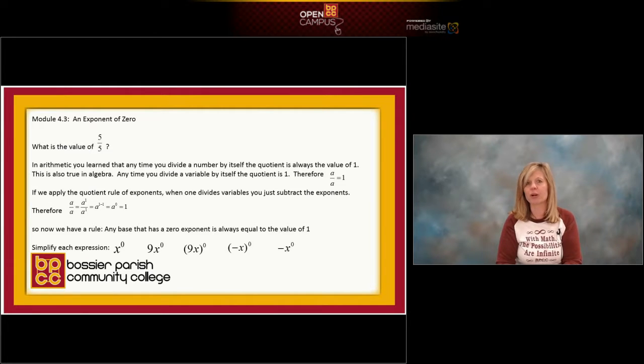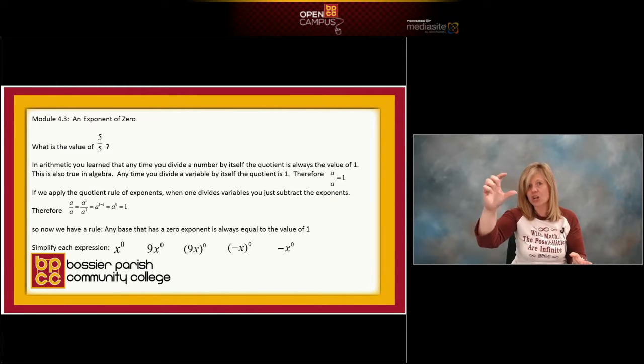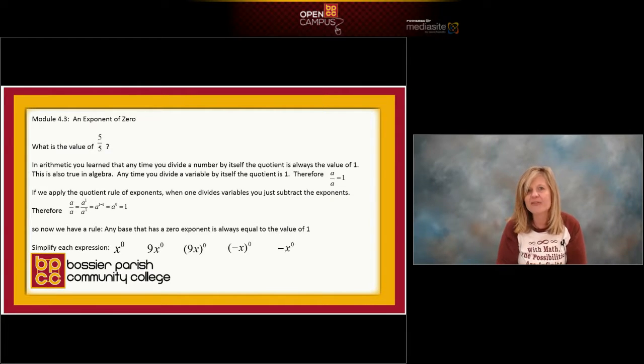We understand 3 to the first; that just means 3, because when you have an exponent, its job is to tell you how many times to multiply the base. Well, if I have 3 to the 0, that doesn't fit the definition, because how can you write the base 3 zero times?